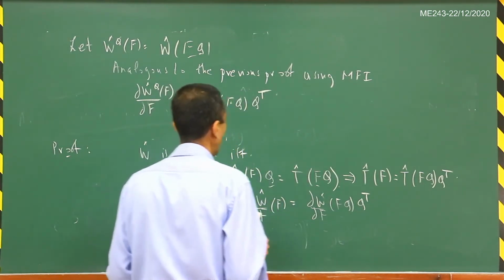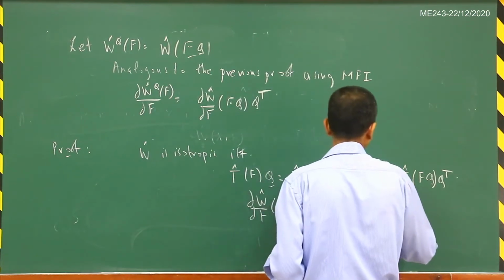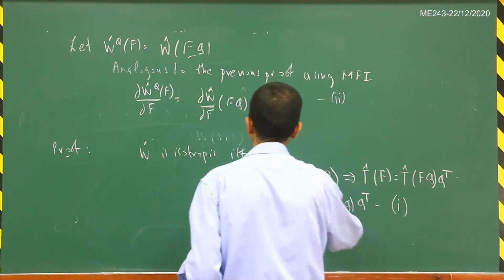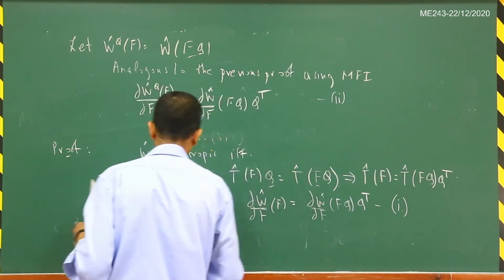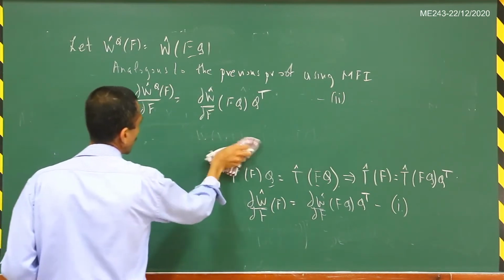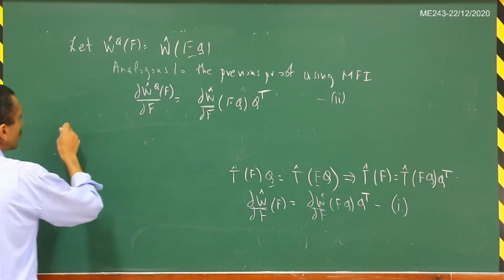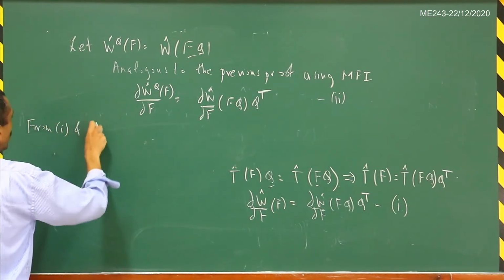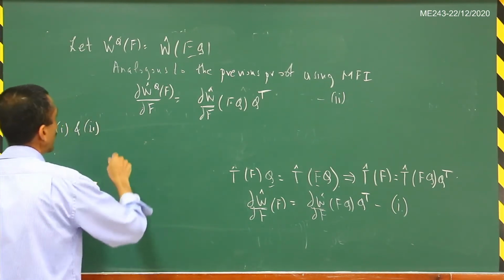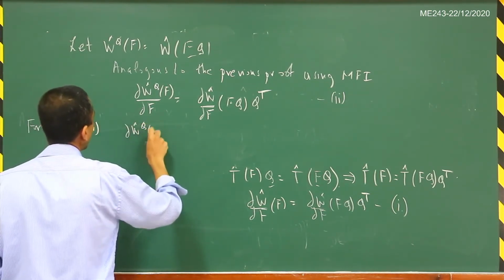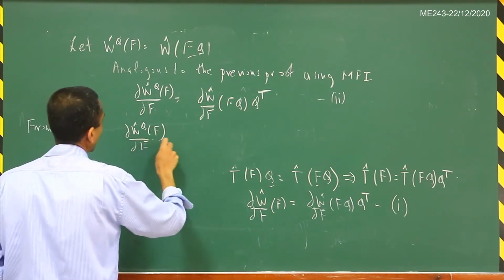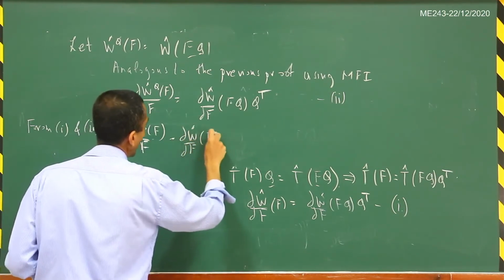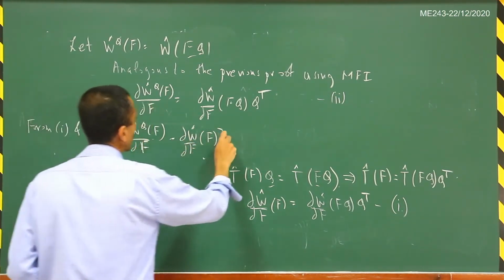Now let us call this 1 and let us call this 2. From 1 and 2 you can see that the right hand sides are the same, correct? And so hence the left hand sides are also the same. So let us show that. From 1 and 2 we will get that del W hat Q by del F evaluated at F minus del W hat by del F evaluated at F is equal to 0.